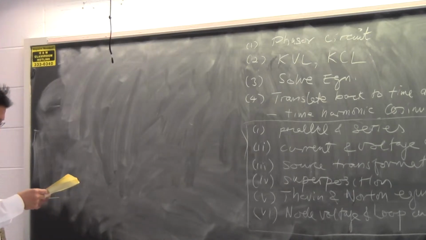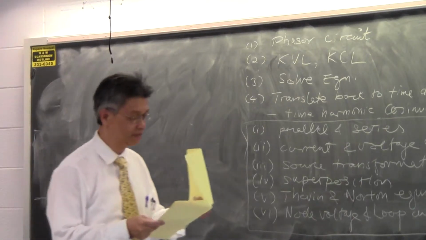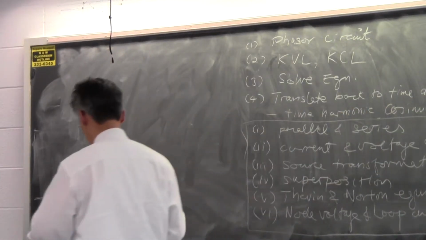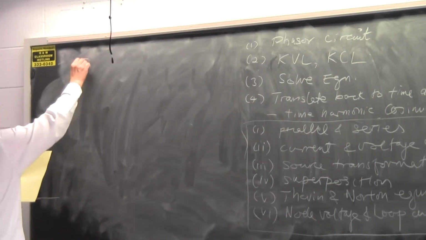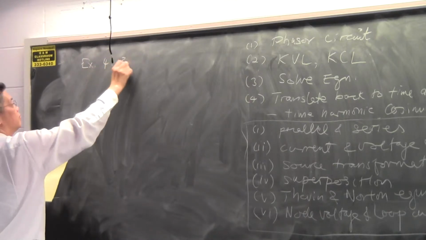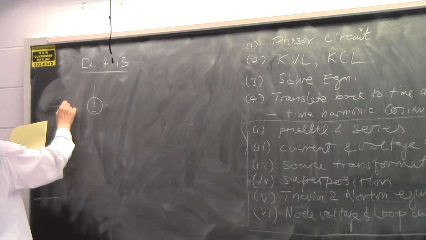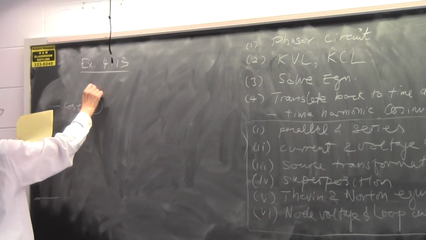Okay, let's look at example 4.13, which is another example that the book has. Example 4.13 is something similar, but in series connection. So I have this circuit in its original form.